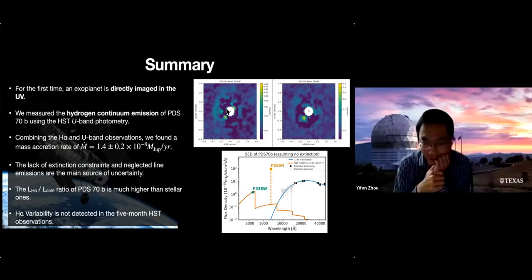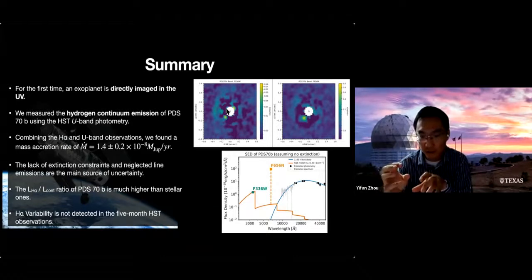So in this case, I think there's a recent paper from Aoyama et al. that discussed if both shocks occurred, both a shock on the CPD and a shock on the planet, it should be the case that the shock on the planet would dominate the observed flux. And it looks like from that model, the shock on the CPD and the shock on the planet differ the most on the Balmer jump.